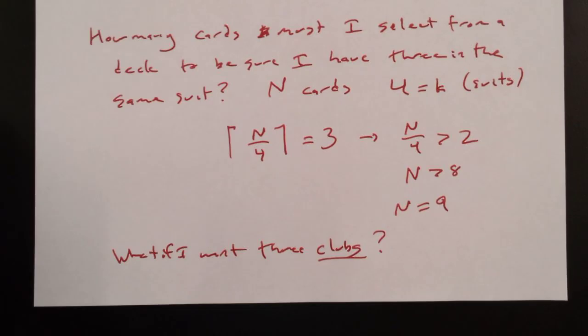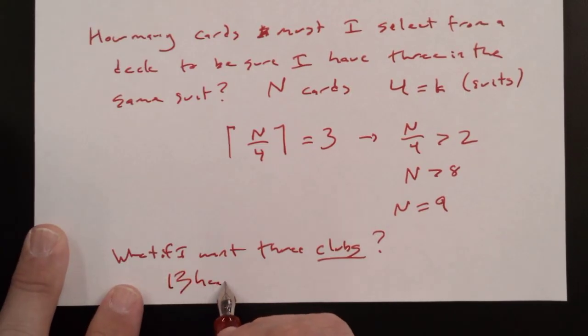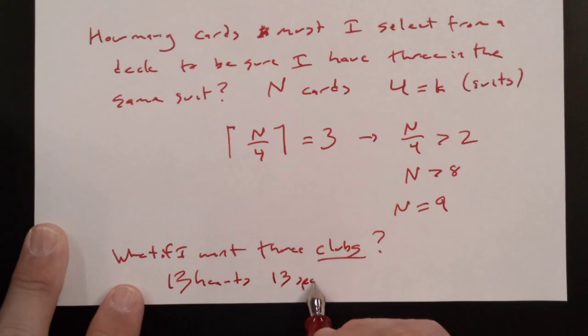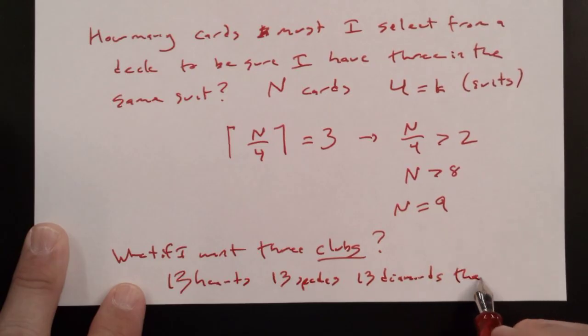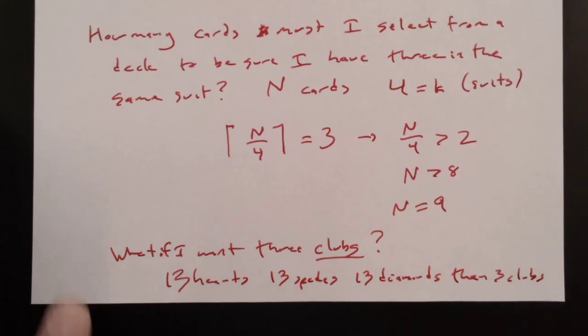What's the worst thing that could happen to you if you're looking for clubs? I got to pull all the other suits before I get the clubs. That's 13 hearts and 13 diamonds and 13 spades, then 3 clubs. That's a lot more cards, isn't it? That's 42 cards. A lot more than 9.